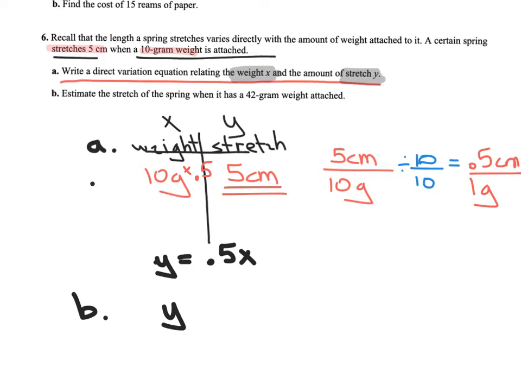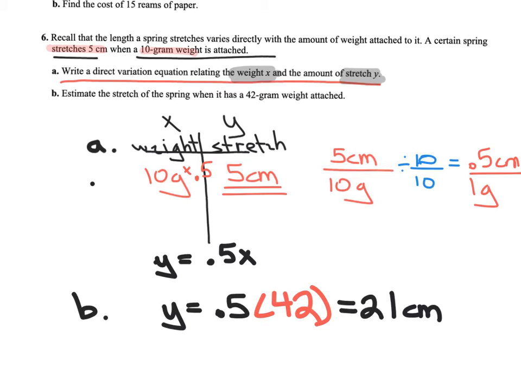So my total stretch is going to be the half times 42. And 0.5 times 42 is 21. And that's going to be in centimeters because we're talking about the stretch.